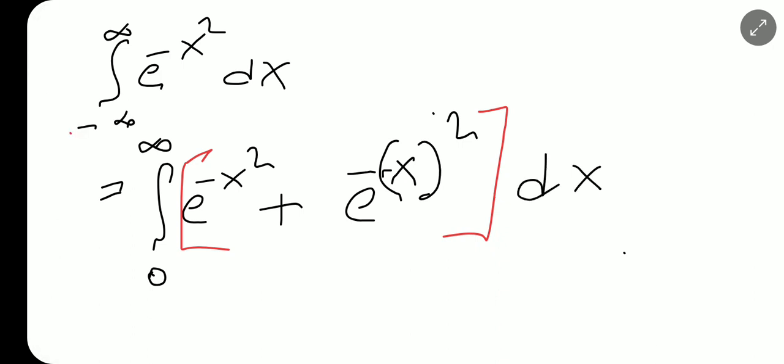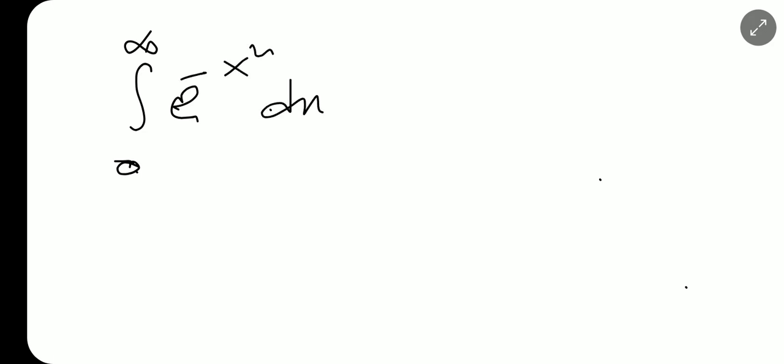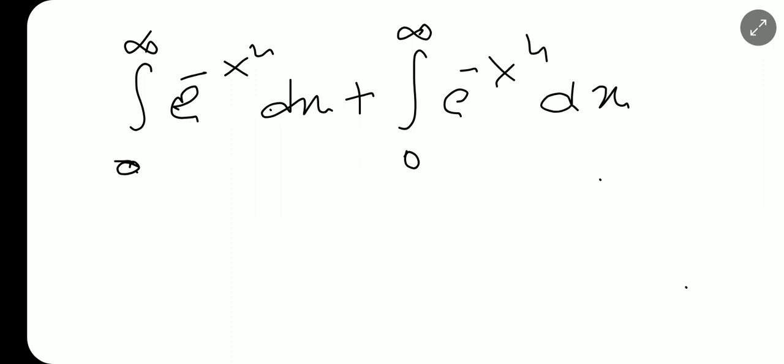So again, you see that it is integration from 0 to infinite e to the power minus x square dx plus integration, I am splitting the integration, 0 to infinite e to the power minus x square dx, isn't it?